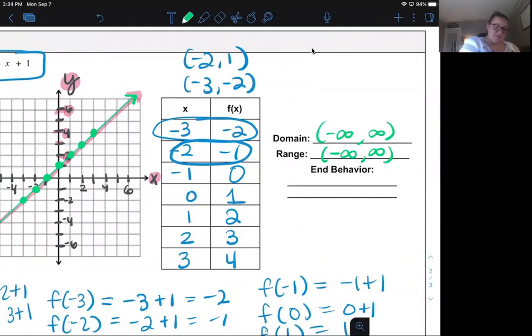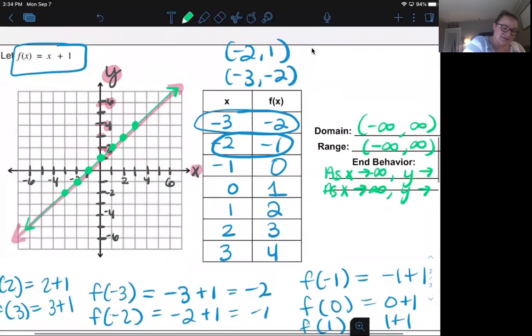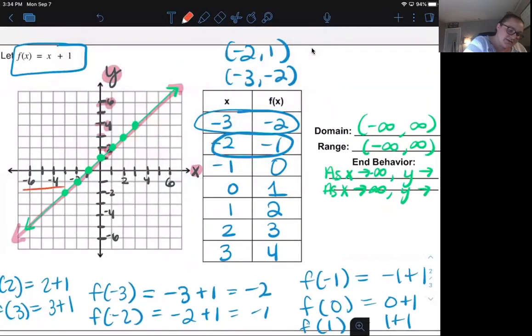And for our end behavior, we're going to write as x approaches negative infinity, y approaches whatever, and as x approaches positive infinity, y approaches whatever. So what's happening as x approaches negative infinity? As x approaches negative infinity, y is decreasing.